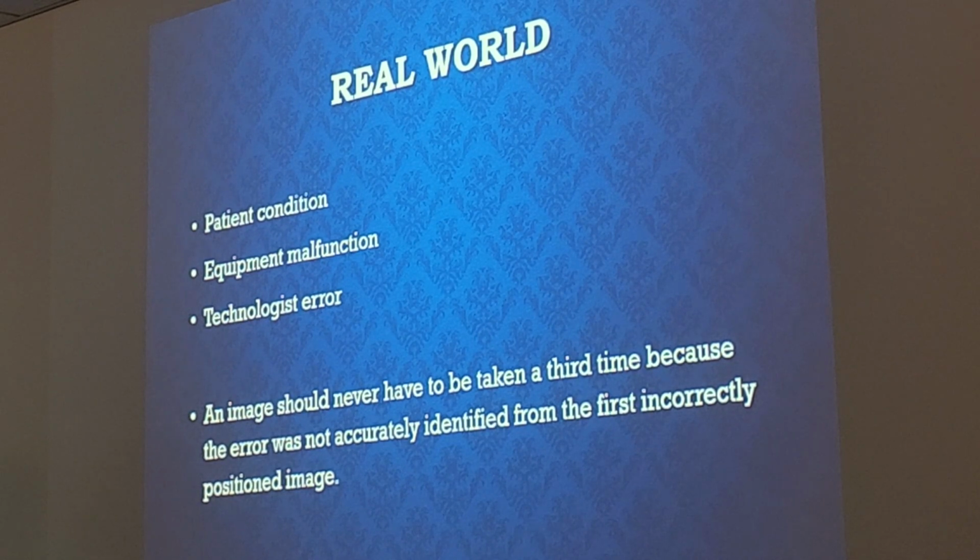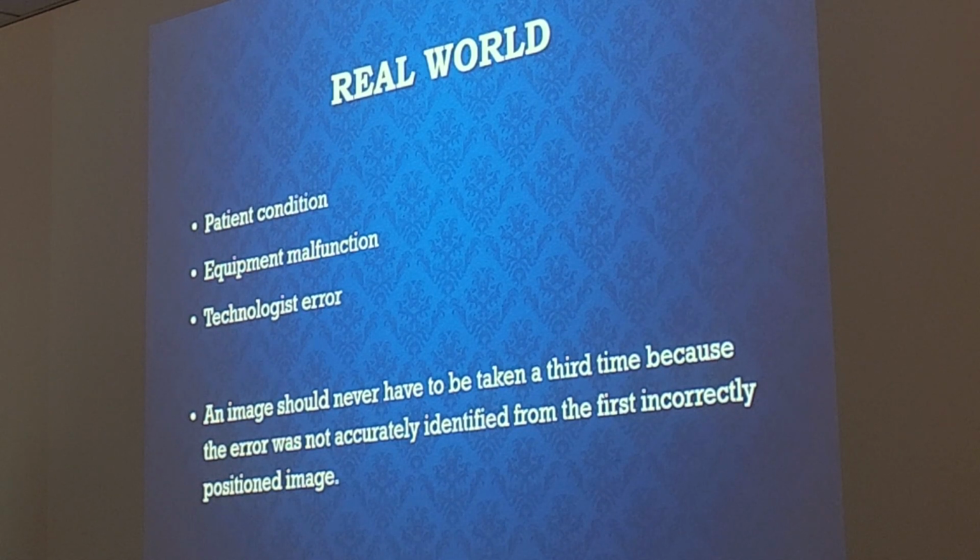Which means you need to know exactly how to fix an image once you see something wrong, which is sort of the purpose of this class, to be able to identify issues with the image and also identify exactly how to fix those issues. If you are needing to take 3, 4, 5 pictures.